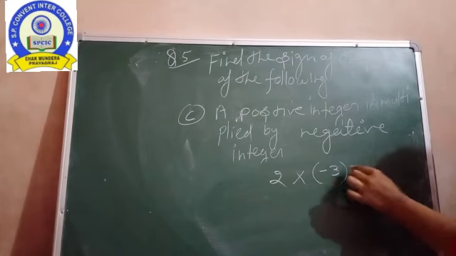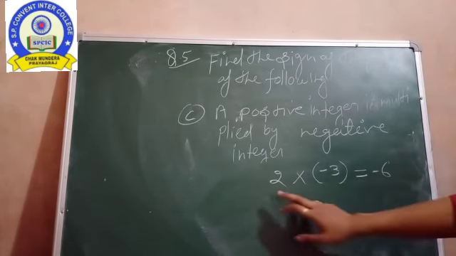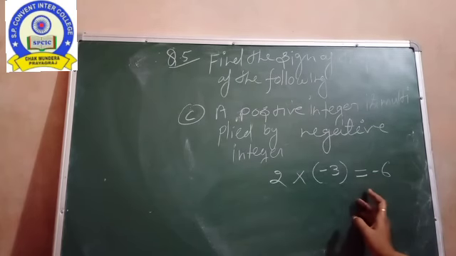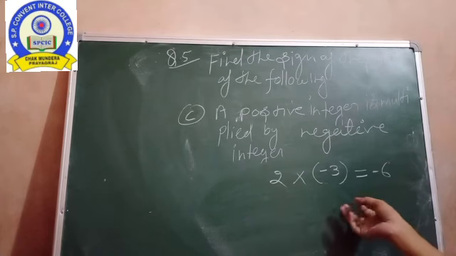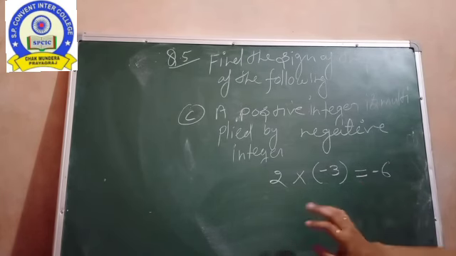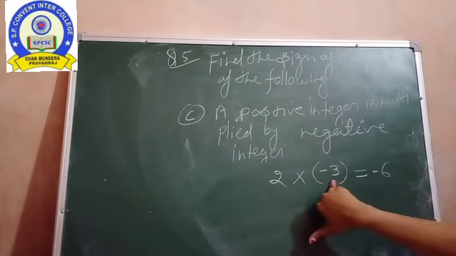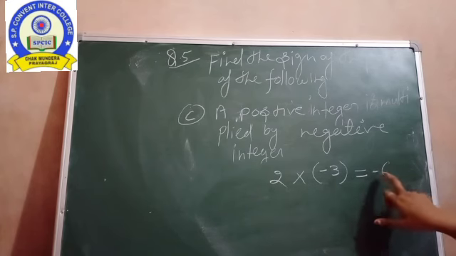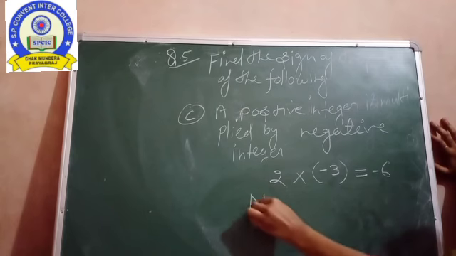When multiplied, we get minus 6, because plus into minus is minus. This is the second rule of multiplication of integers. When multiplying two integers having opposite signs, one positive and one negative, the product will have a negative sign. Okay, so the answer will be negative.